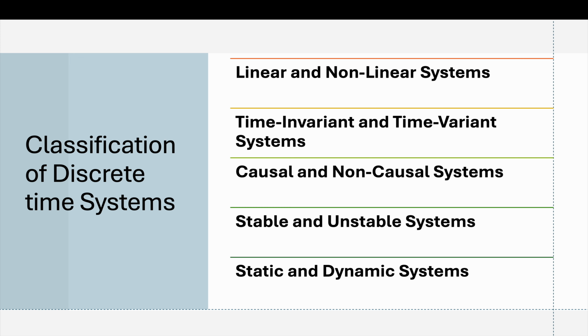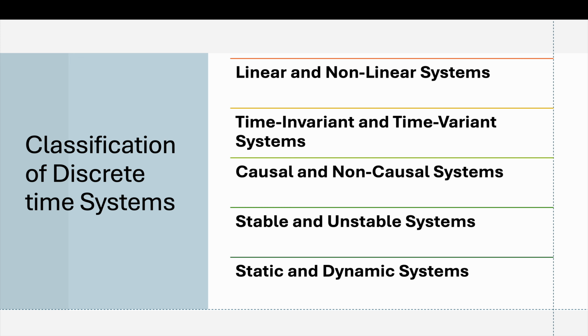One classification is linear and non-linear systems. We say a system is linear if the system obeys the superposition principle. If it doesn't obey the superposition principle, then we call it a non-linear system. What is meant by superposition?